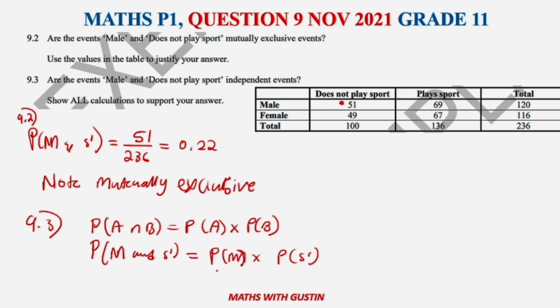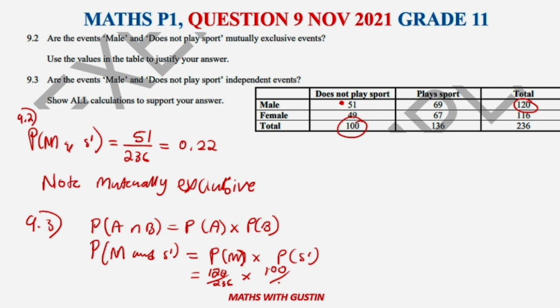So this would be equal to, what is male here? How many males are there? There they are, 120. So it's going to be 120 divided by 236 multiplied by not playing sports. The total number of people not playing sport is 100.